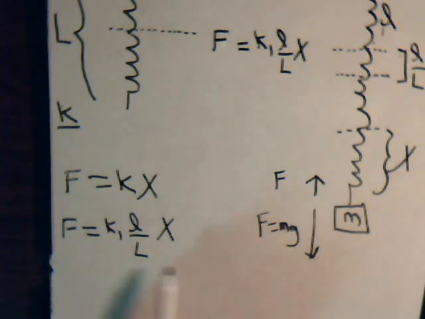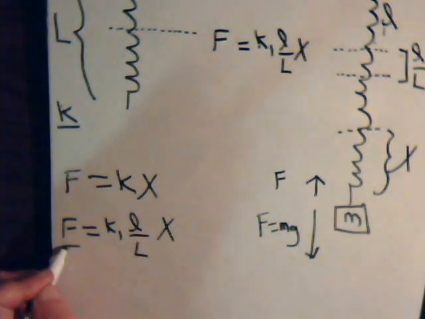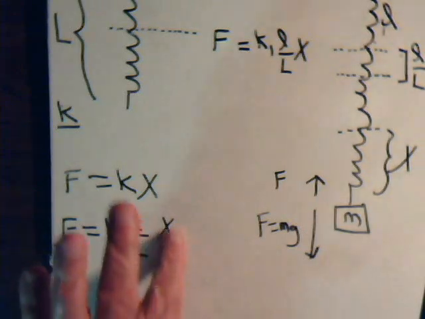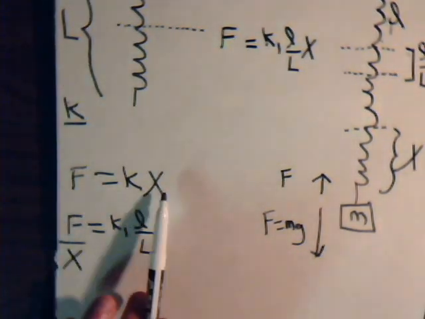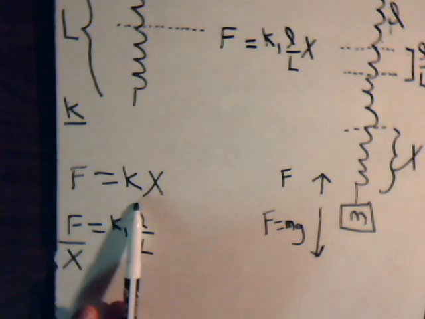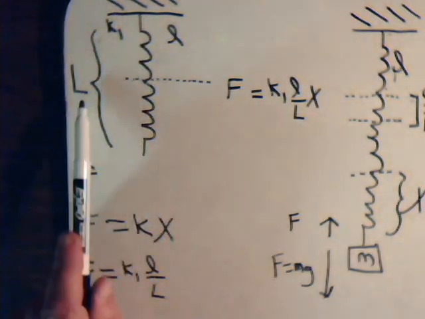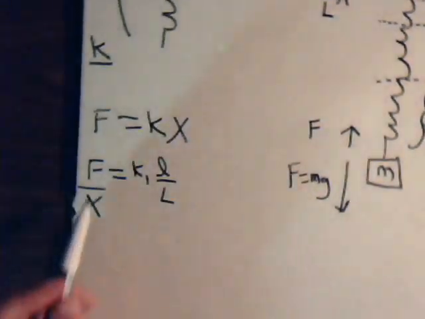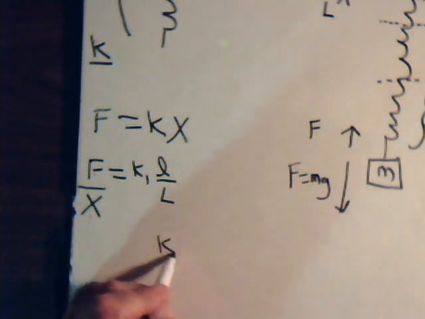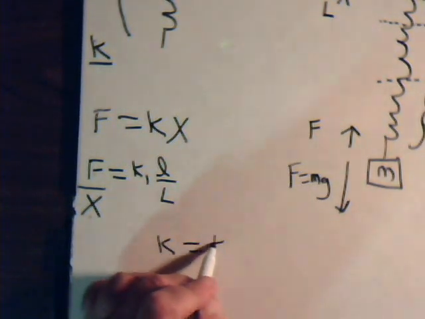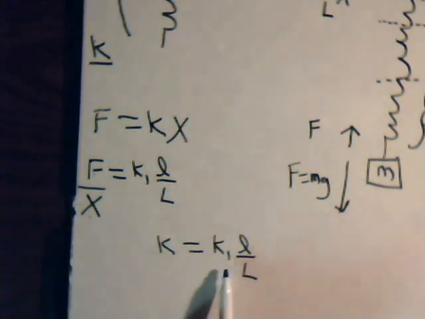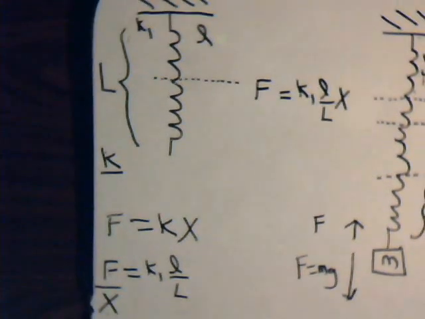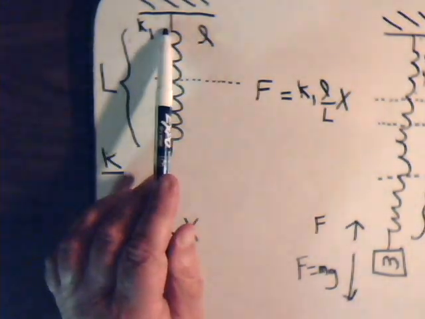Now let's divide both sides of the equation by x. Well, F divided by x, that's K. That's the spring constant for the whole spring of length L. So this is K, and that equals this is K1, that would be for just this section of the spring.